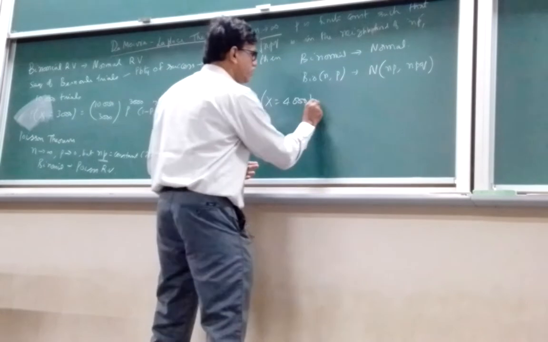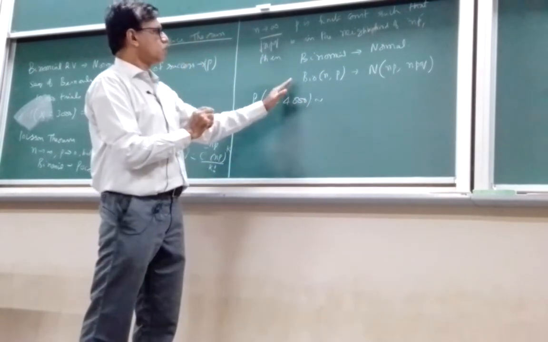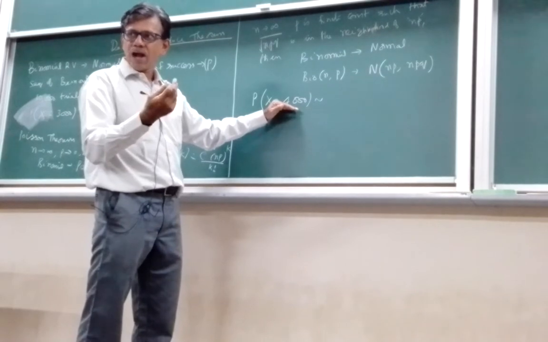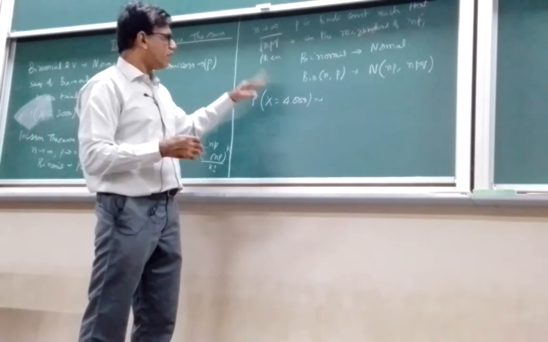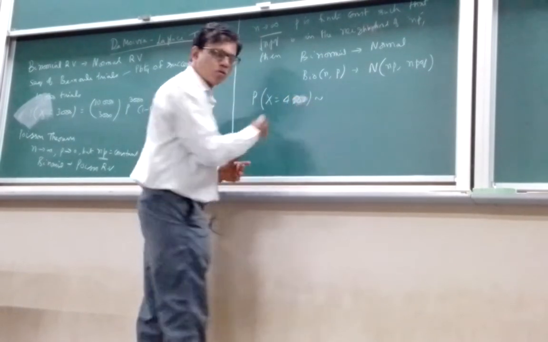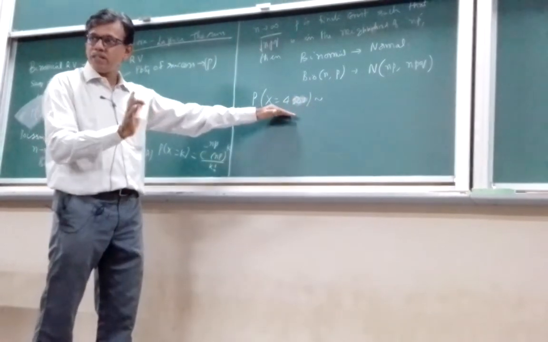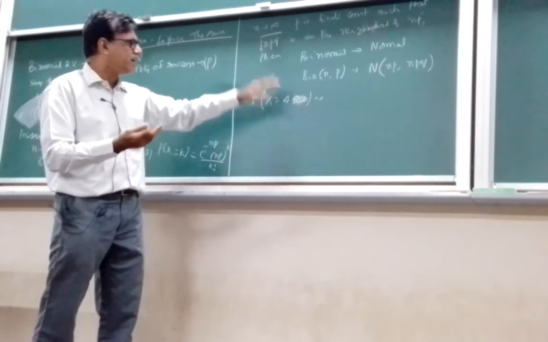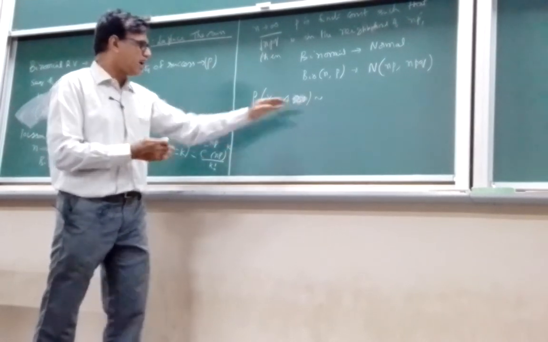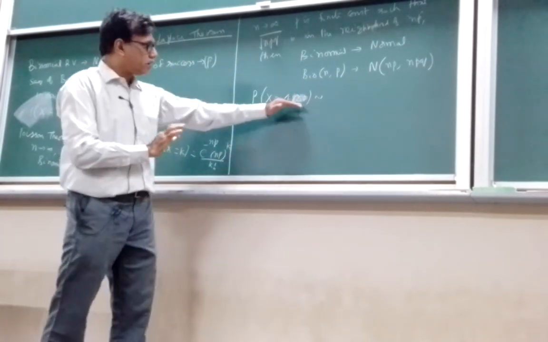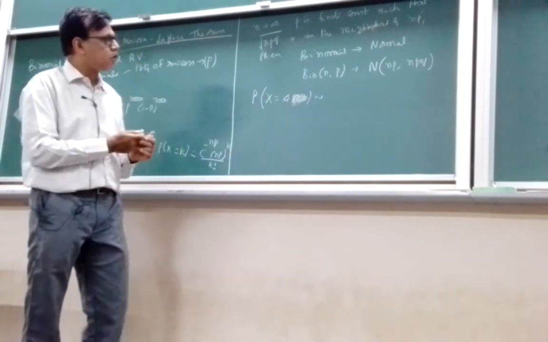Then this is approximately equal to, see here this will hold good. np is 5,000 and we can find the root of npq. Let's not take 4,000, we will take 4,500 also. It will be in the neighborhood of it. If you find the root of npq, you will find it is 50. Of course it is not very close, maybe I will even make it 800 also. In these cases, it will hold good.